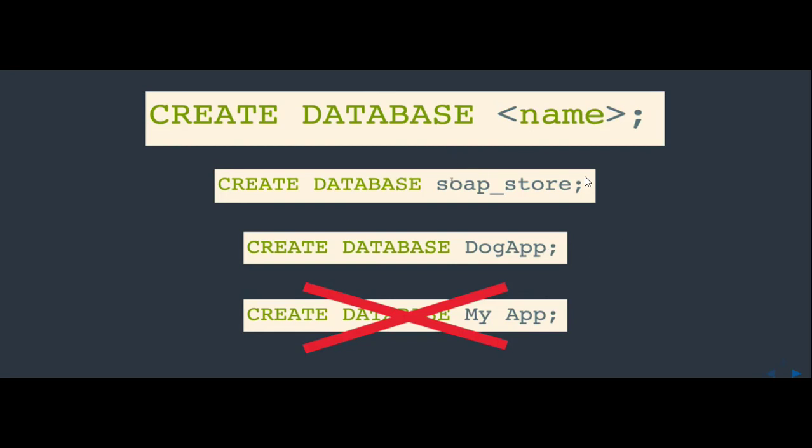My recommendation, as with these first two, the soap store, is to use underscores and everything lowercase. It's totally up to you; it's not a hard and fast rule. Whatever you choose, make sure that you continue to use it, just to avoid any confusion.